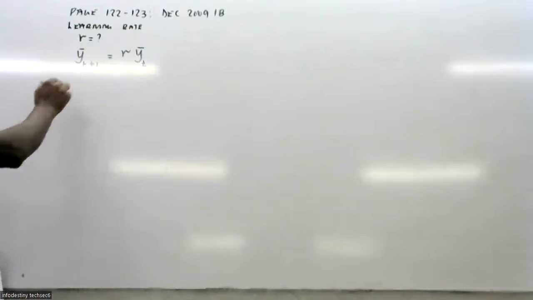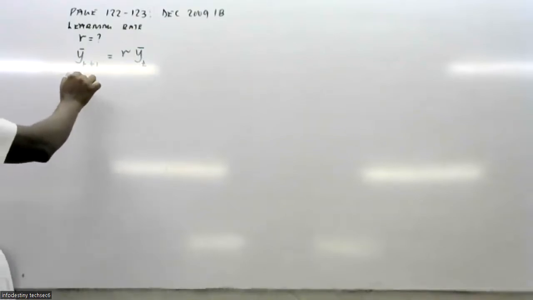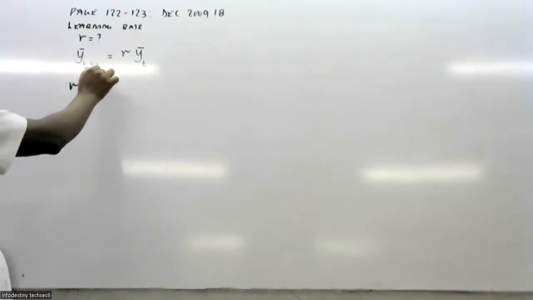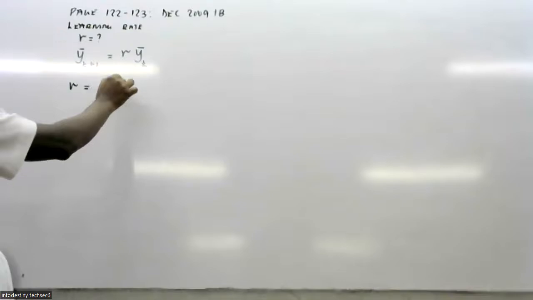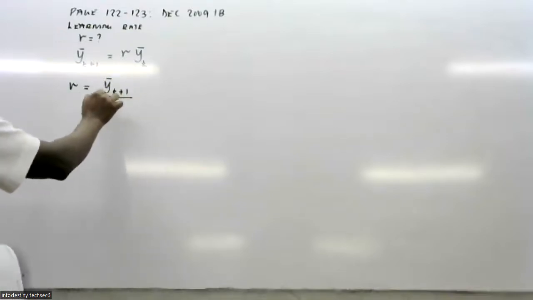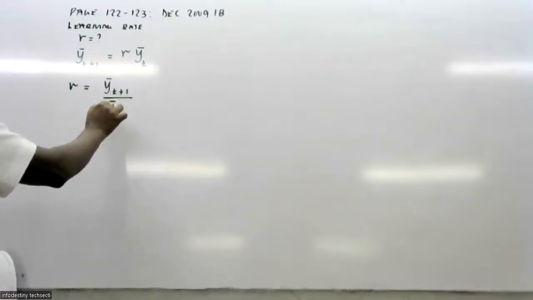So if you are looking for R, then you say it is Y bar T plus 1 divided by Y bar T.